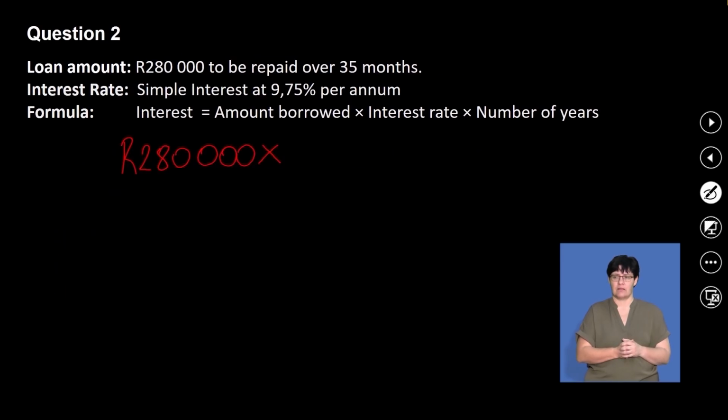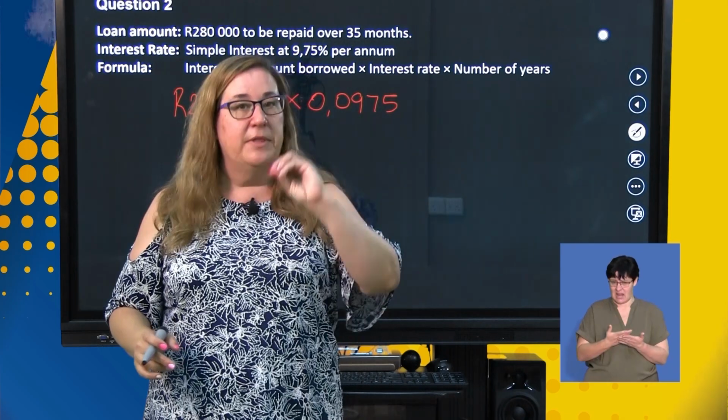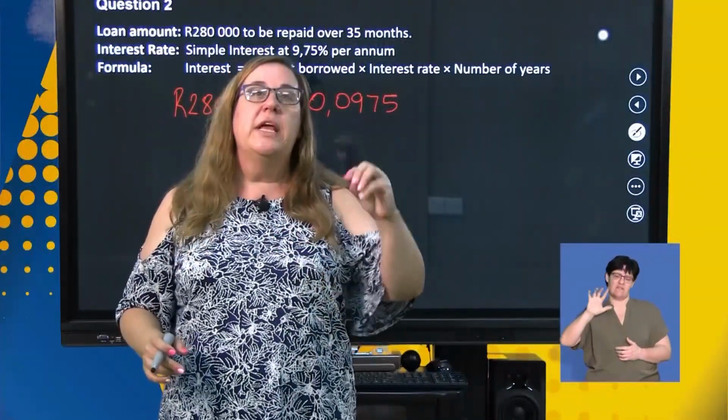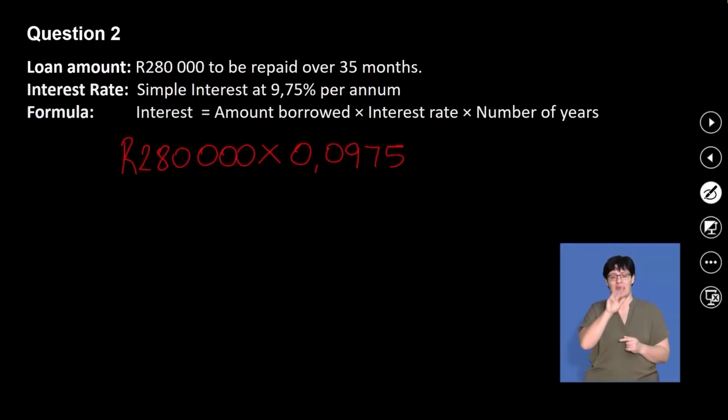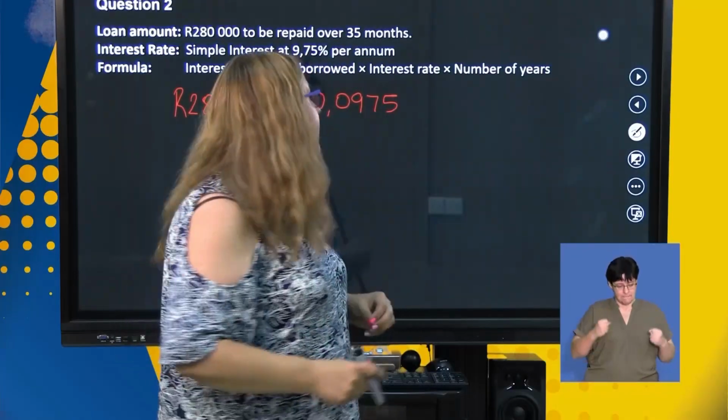You could have put your percentage sign in if you want to leave it as 9.75, or you can actually put 9.75 divided by 100. But it's important that we remember it is a percentage. And remember, if you do use this calculation, you cannot round these numbers off. They need to be exactly what it was in the question.